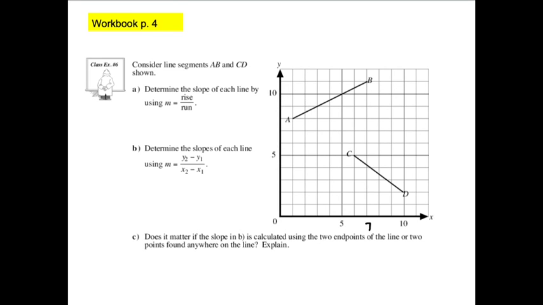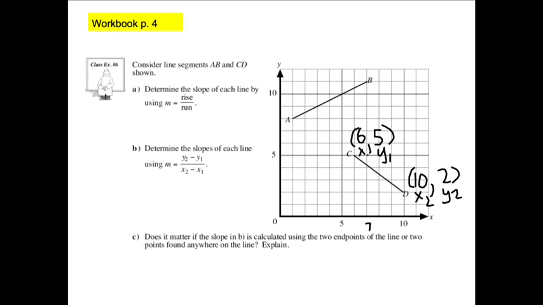For C and D, let's determine the coordinate points. For C, that is going to be 6 on the x-axis and 5 on the y. And for D, that's going to be 10 on the x-axis and 2 on the y. Alright, so I'm going to say this is x1, this is y1, this is going to be x2, and this is y2.